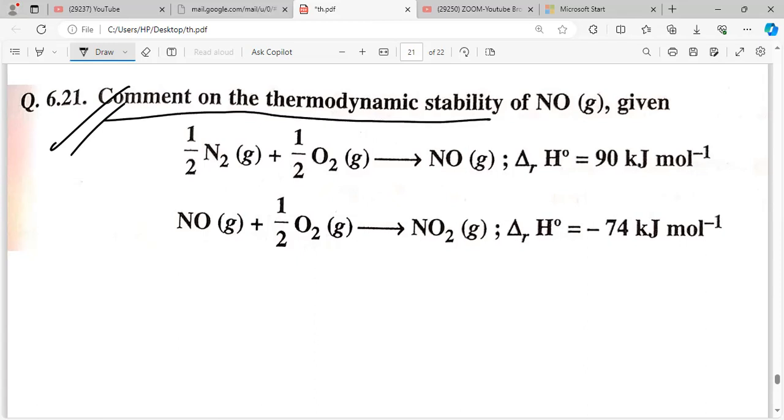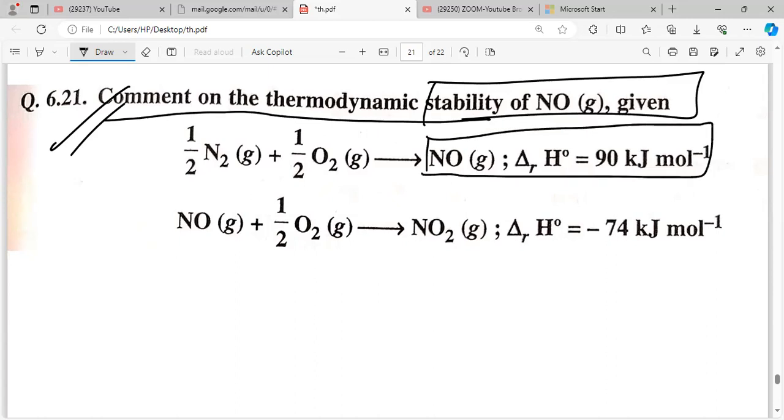Comment on the thermodynamic stability. Along with the product, heat absorb. Positive is there, na? Heat absorb means more energy. Product is having more energy, means product and energy is already there. So more energy means unstable, less stable.